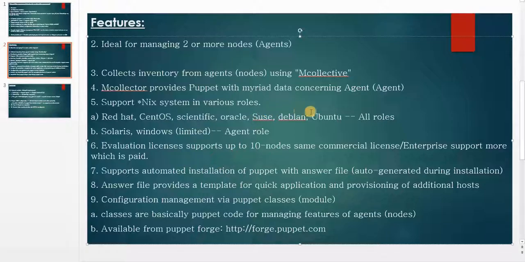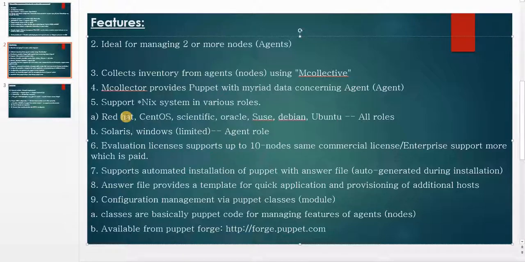Okay, and it also supports all roles. What does it mean? It means that you can install a Puppet master on Red Hat servers, and you can also install Puppet agent. So it supports both roles.